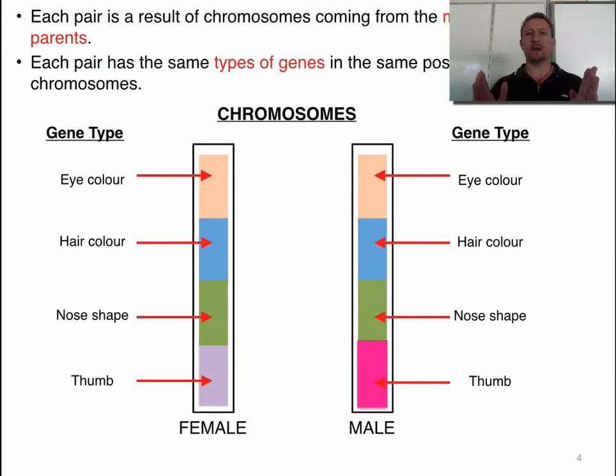Each male and female has the same size chromosomes with the same sections portioned off for specific characteristics. What's in that characteristic, what it codes for, may change. The purple and the pink may be the same, or they may be different. That's how we get our variety.